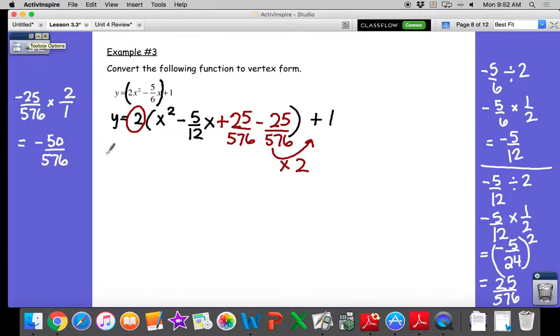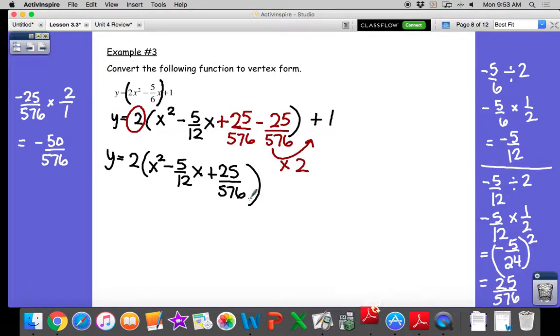Now I'll rewrite my function as 2 in front of x squared minus 5 over 12 x plus 25 over 576. Outside of the bracket, I'm going to have this negative 50 over 576, and we still have this plus 1 as well.